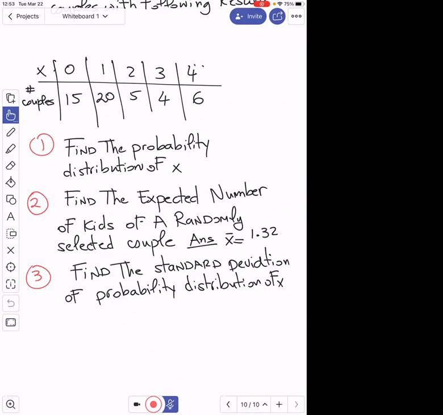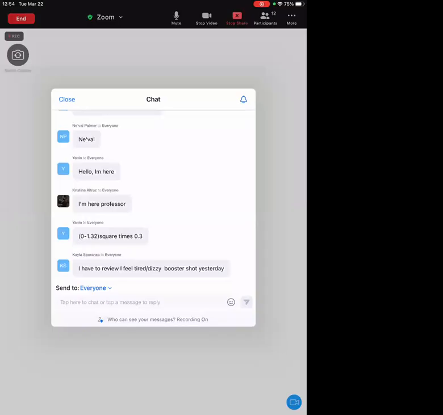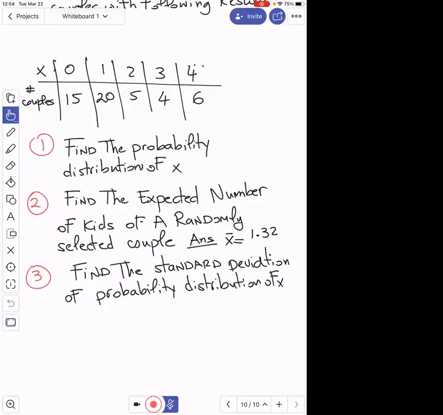All right, guys. Did anyone? Well, I think Yanini got the 1.32, right? The X bar. I just did that to make sure that I'm writing it correctly. Okay, yeah, that's all right.